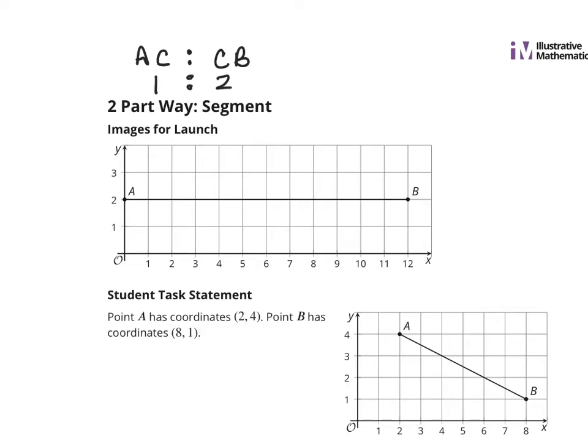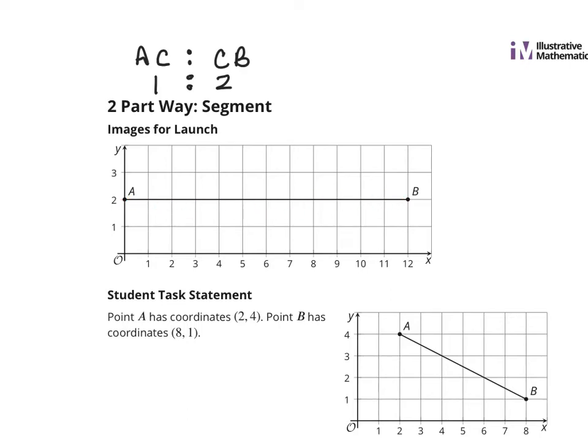So let's think about that for a second. How many segments do we need total? We need 3 separate segments where the length of segment AC is only 1 and the length of segment CB is 2. So this whole length is 12.